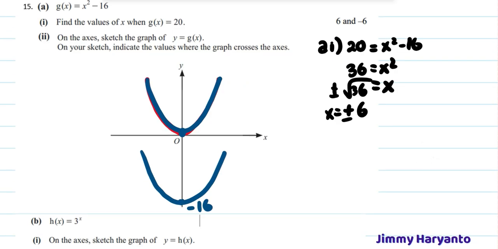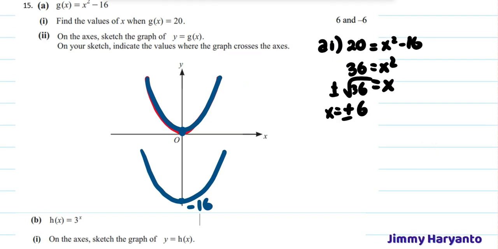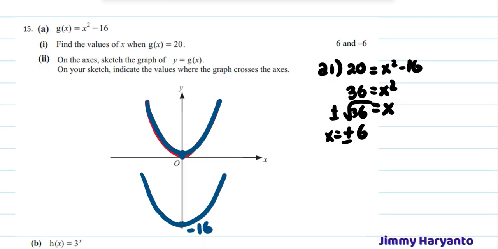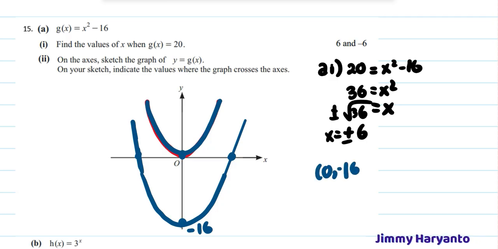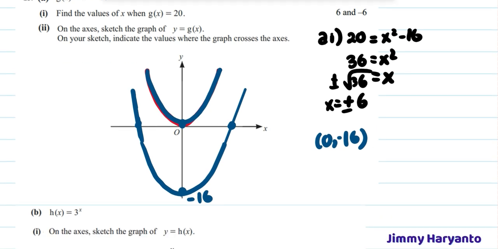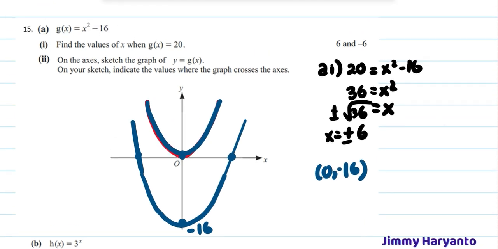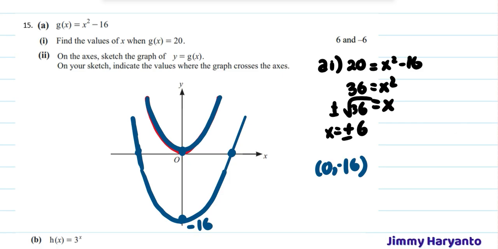And then on your sketch, indicate the values where the graph crosses the x-axis. Okay, I think we need to calculate a little bit for these points. We already have 0, negative 16 for the y-intercept, and then we have to find the x-intercept. To find the x-intercept, we only have to make y equal to 0.